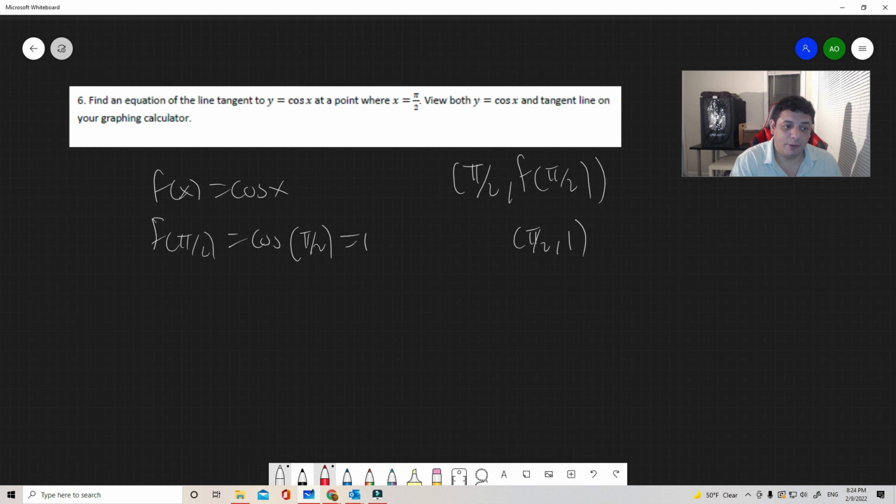And now we obtain the derivative. Of course, f prime of x is minus sine of x. And it turns out that f prime of pi half is actually minus 1.